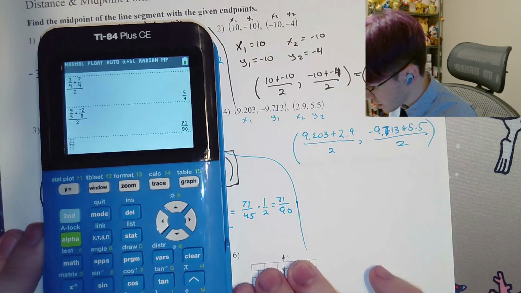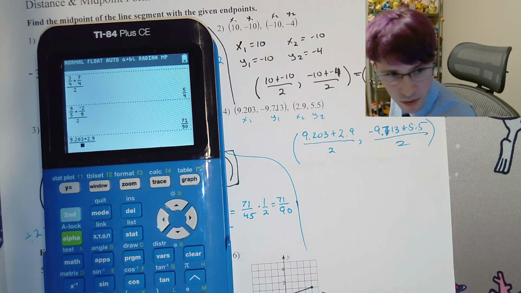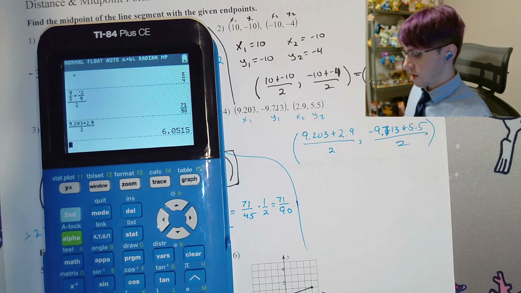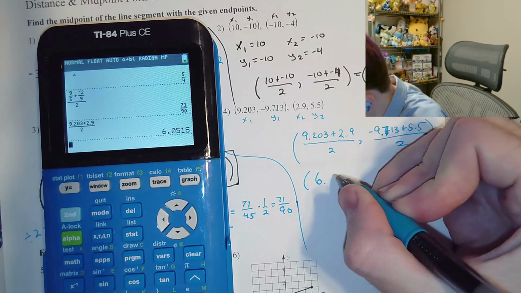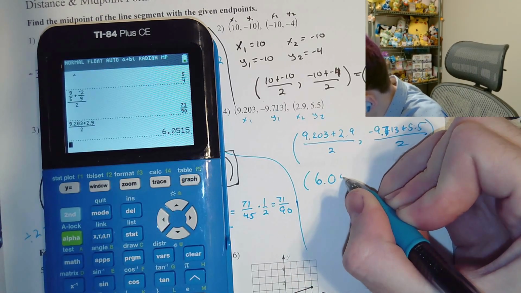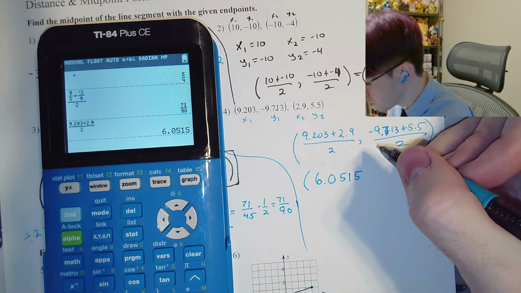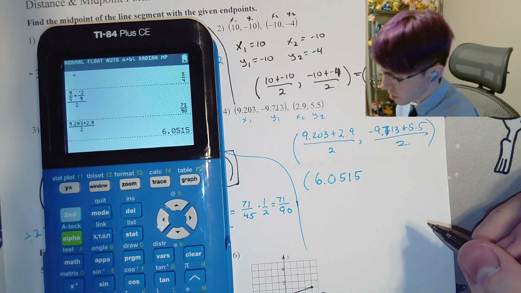Okay, and now we're going to use our alpha. Y equals enter 9.203 plus 2.9, all divided by 2, and then we get 6.5015. And that's how many decimals you do for AP Stats. So that's what I'm going to do here. If you are planning to go towards AP Calculus, you'd actually write 6.052 because you go to 3 decimal places in AP Calculus.